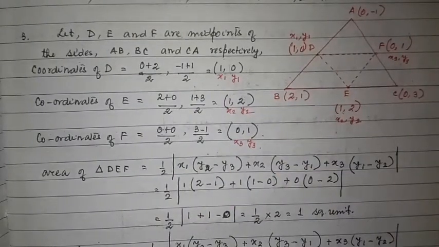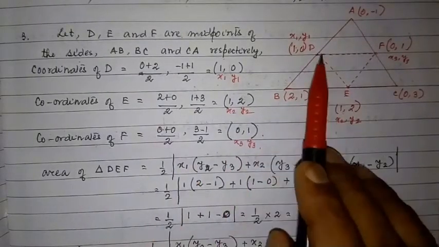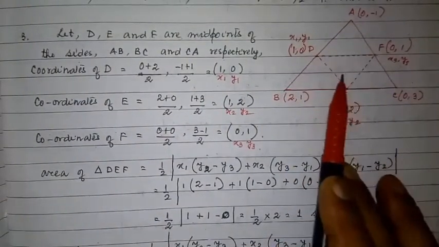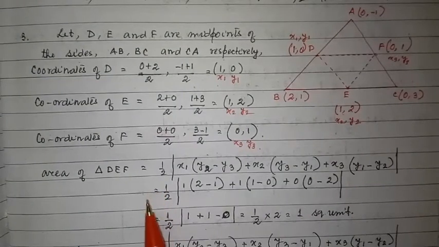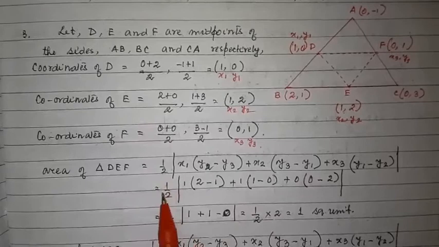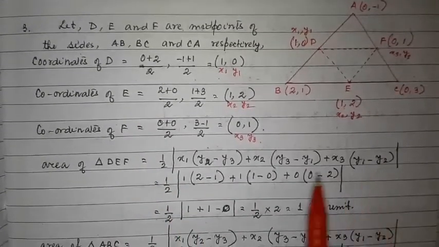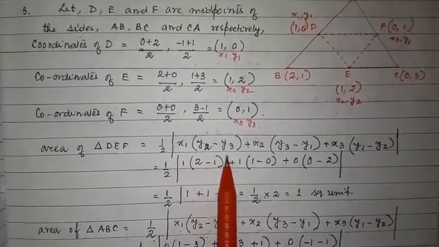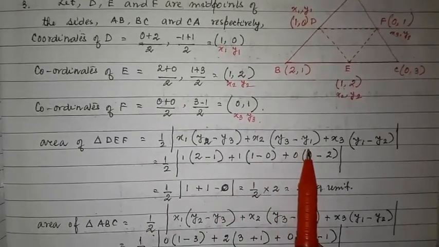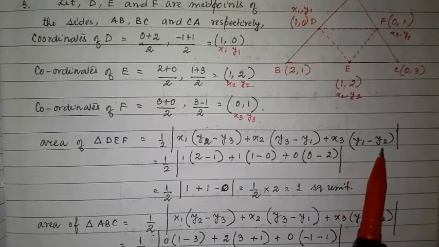Okay. Now area of triangle DEF is equal to half. First let us write down the formula: x1(y2 - y3) + x2(y3 - y1) + x3(y1 - y2).